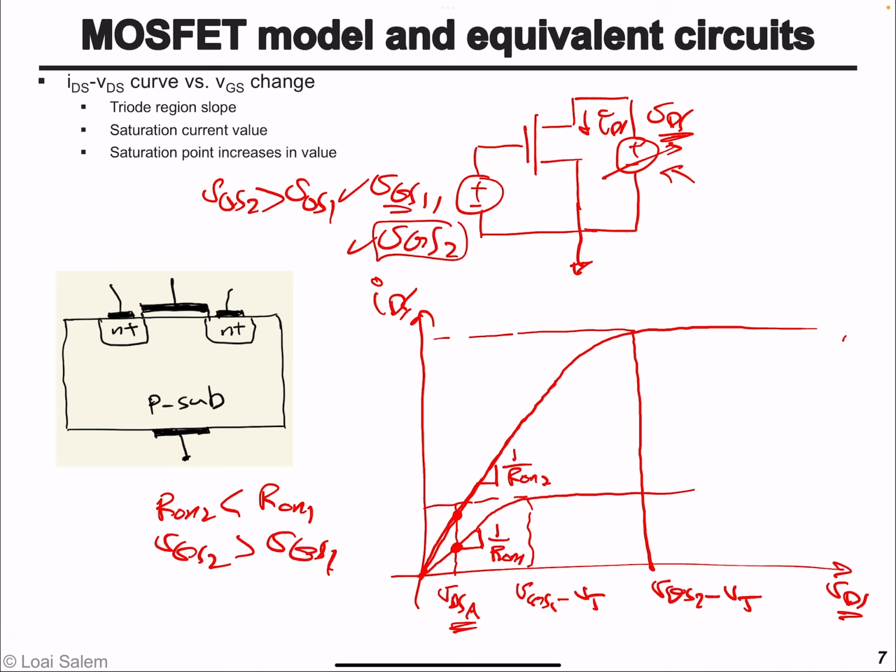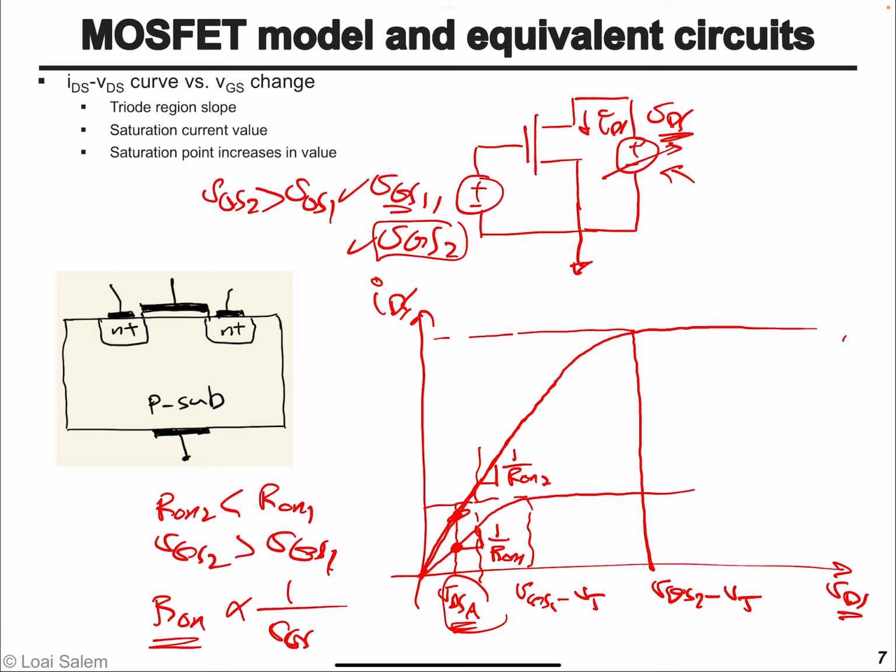So basically what I'm saying here is the equivalent on resistance of the transistor is inversely proportional to the gate to source voltage, VGS. The higher the gate to source voltage, the more conducting channel we have, and so the smaller the equivalent on resistance of the conducting channel, and that's why for the same drain to source voltage, essentially we get higher current from the transistor between the drain and source.